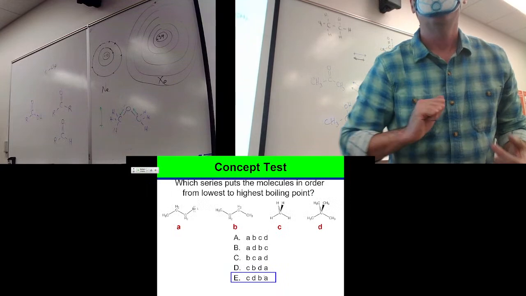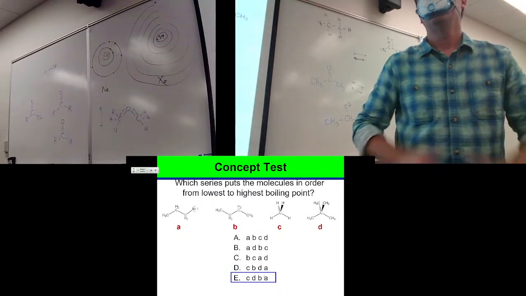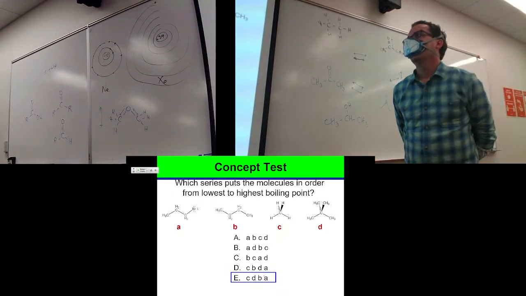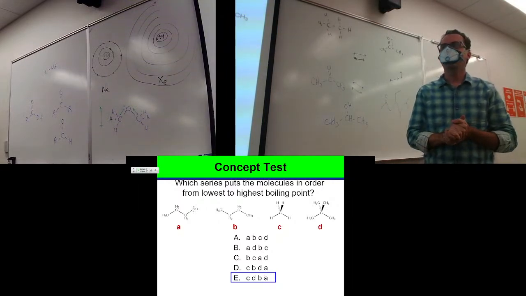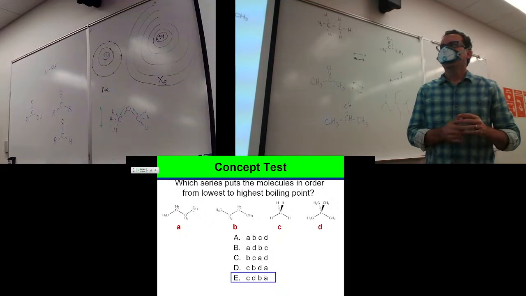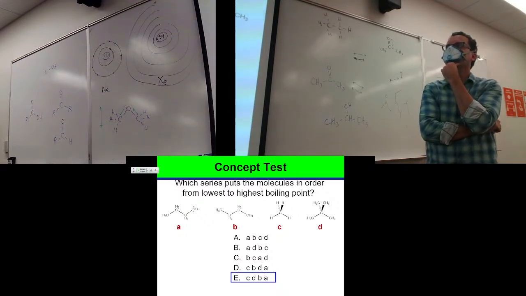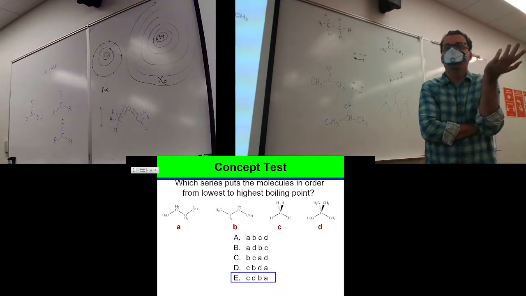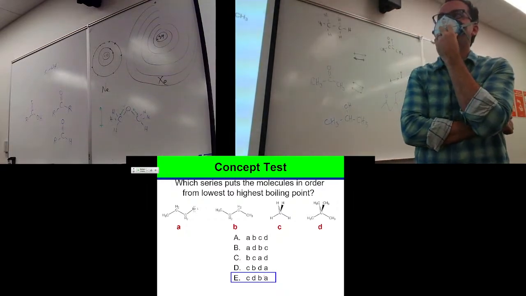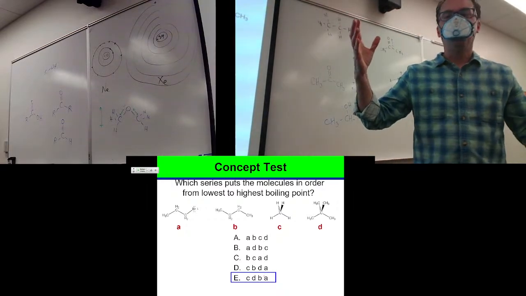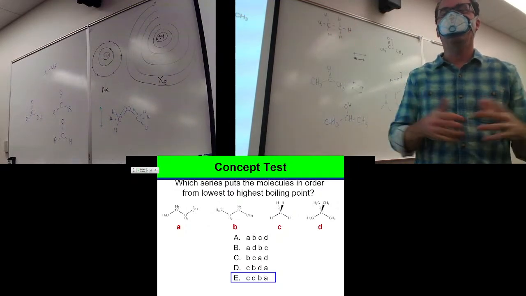Would shape take precedence over weight to a certain extent? It depends. I mean, C60 is not a very good comparison, honestly. It's round, but it's humongous.